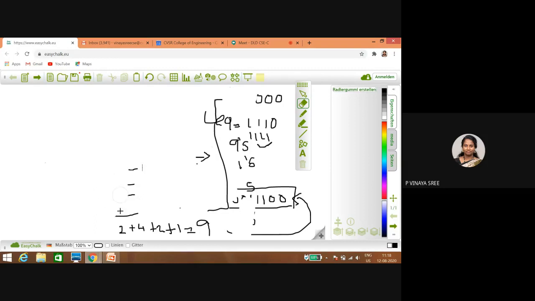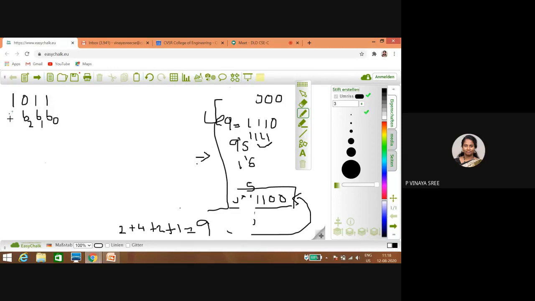The binary number is 1011. As this is binary, I'm writing b3, b2, b1, b0. I need to convert to gray, so I don't know what those four bits are yet. I'm writing them as g3, g2, g1, g0. In the MSB part, we have to write whatever is there in binary.